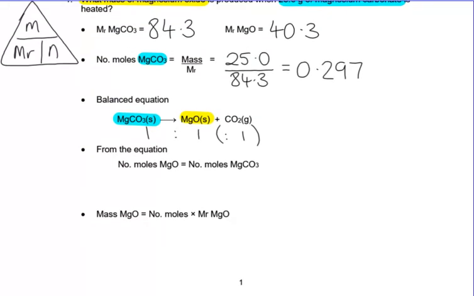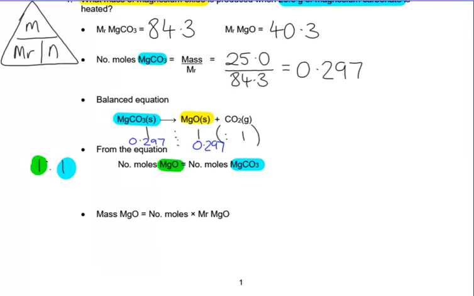Now, the molar ratio shows us we can scale up or down to any quantity. So if 1 MgCO3 makes 1 MgO, then 0.297 will make 0.297. The ratio is 1 to 1 between the magnesium carbonate that I've got and the magnesium oxide that I want.